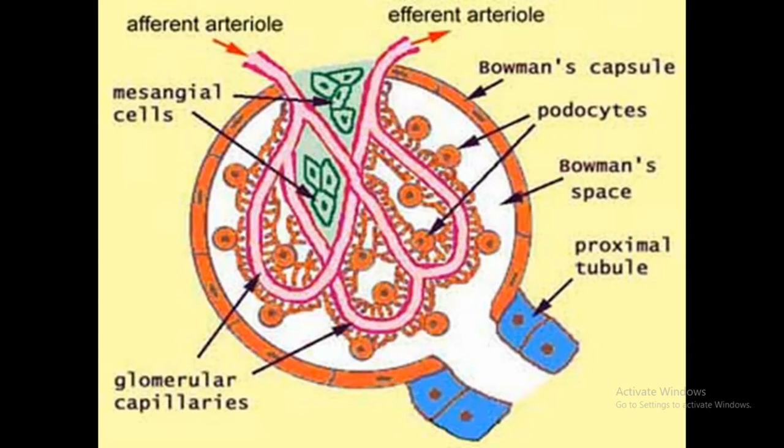The most important and most commonly used special stain for renal biopsies is the PAS stain, or periodic acid Schiff stain.